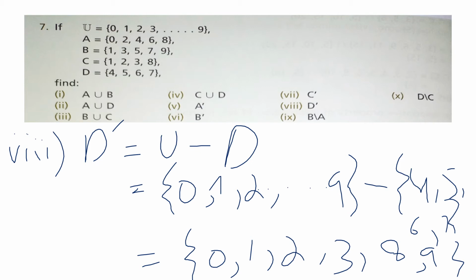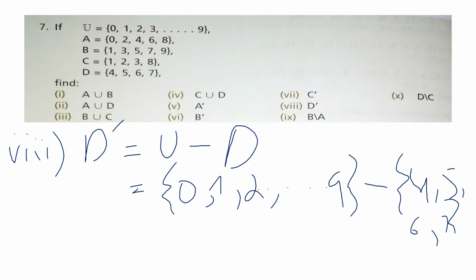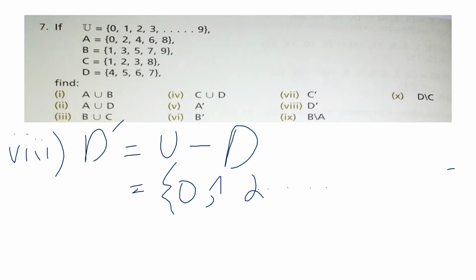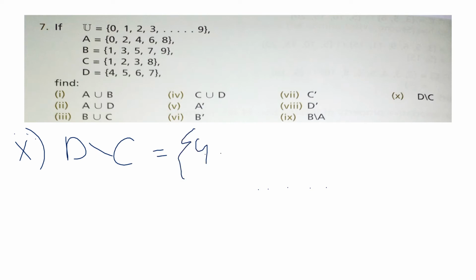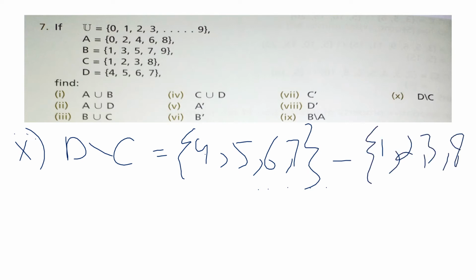Now the last part we are going to do is where you have to take the difference of D and C. Okay, what is the set D here? 4, 5, 6, 7, and C is 1, 2, 3, 8.